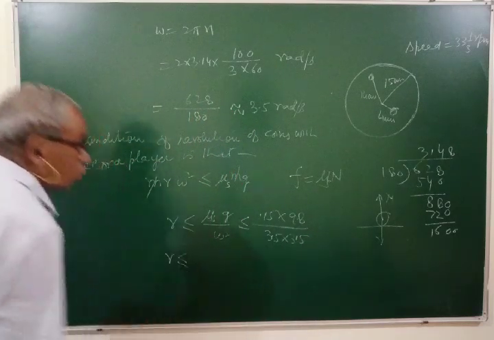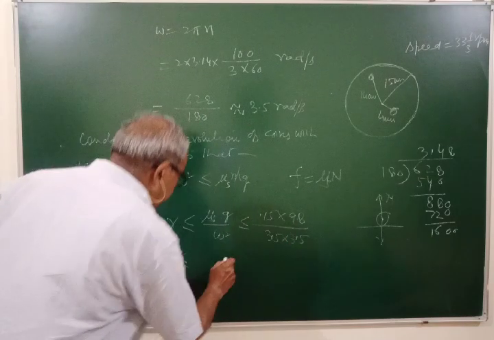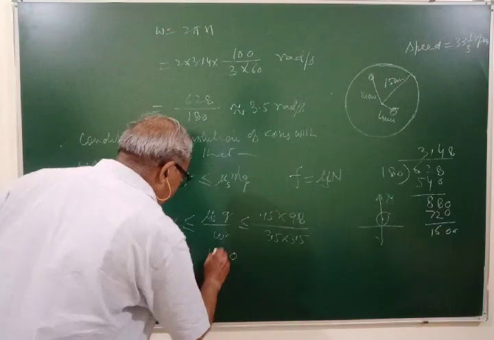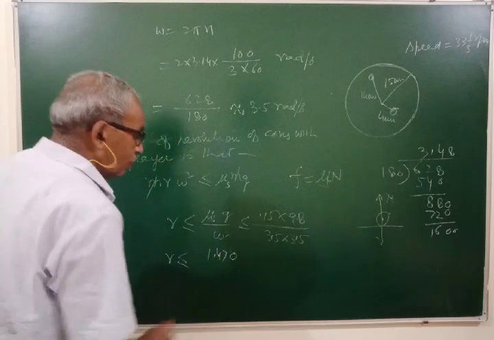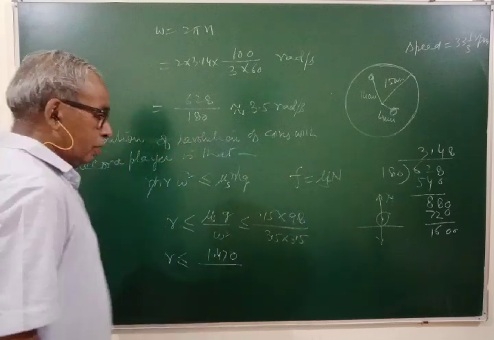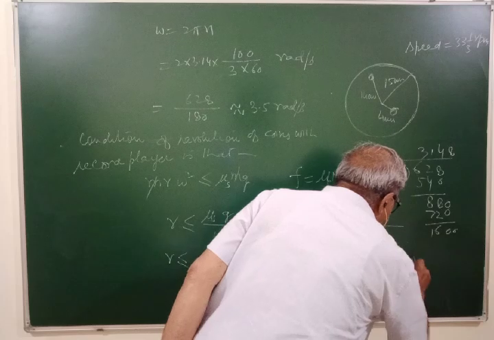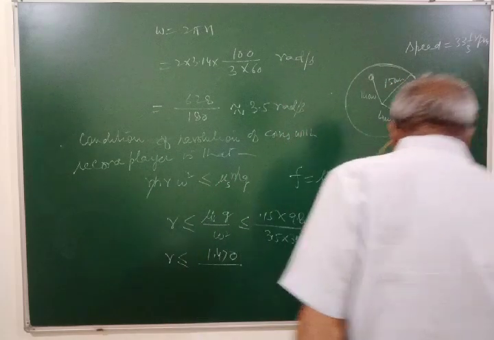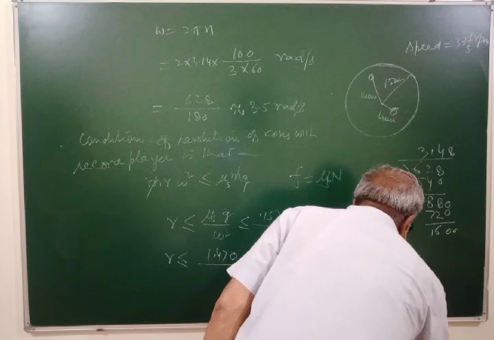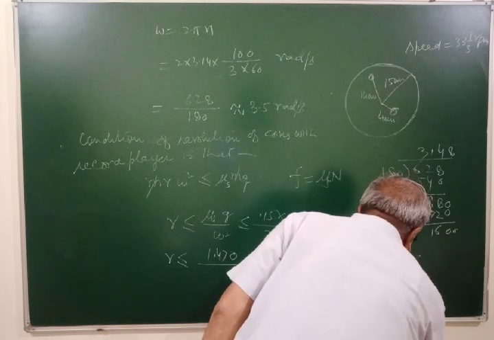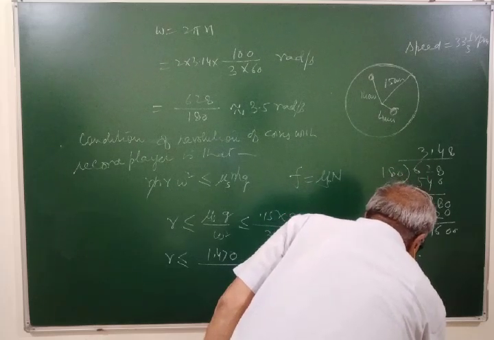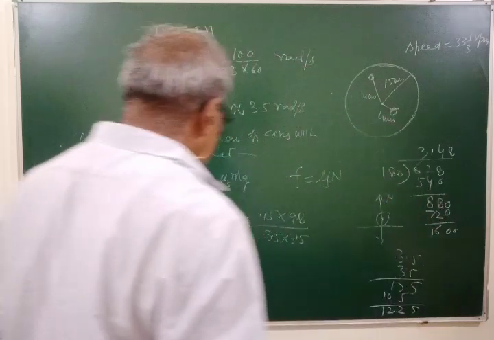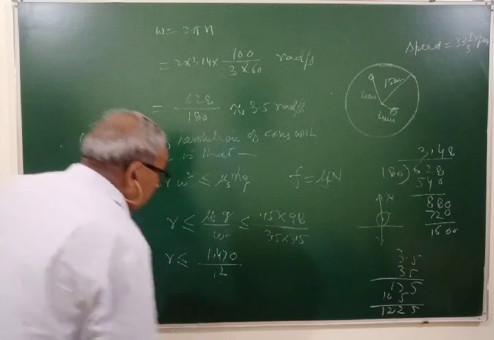R is less than or equal to 15 into 9.8, that is 147, decimal after 3 places, upon 3.5 into 3.5. Don't be lazy. It is 12.25, decimal after 2. It is nearly 12 meter.